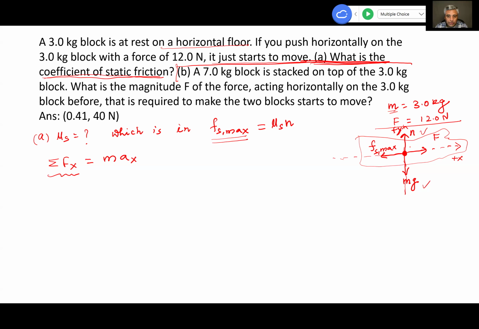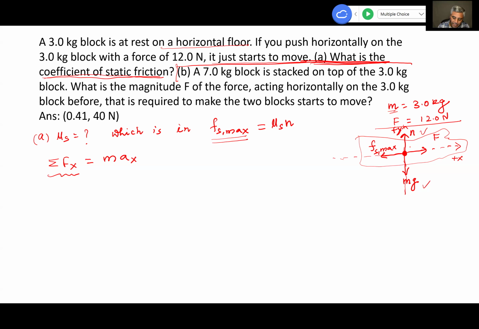Is it 1, 2, 3, or 4? I'm just talking about the horizontal direction. Okay. So there are 2. I received some responses there. Thank you for being attentive. Hopefully others who did not respond are also paying attention.